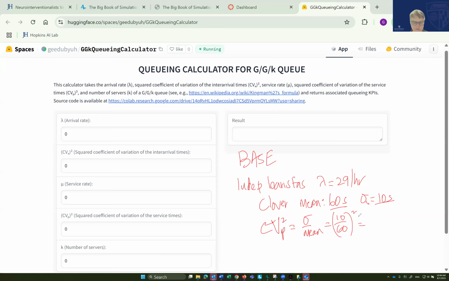I want to square this, running it through the calculator, and I'm getting 0.027 recurring. So we'll probably just call that 0.0278 or something. All right, so let's go ahead and plug this in and see what we get.